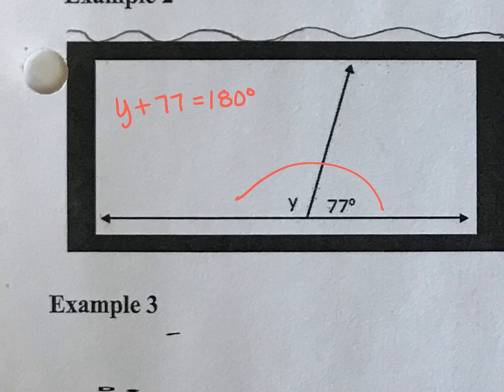I'm going to subtract 77 from both sides, and I'm going to get 103. So y is going to equal 103 degrees right there. It's just kind of basic. We set it up, we solve it, and then we find the missing value.